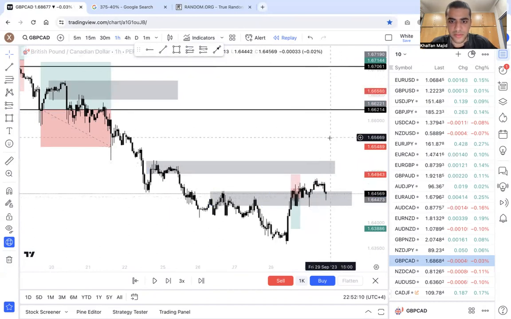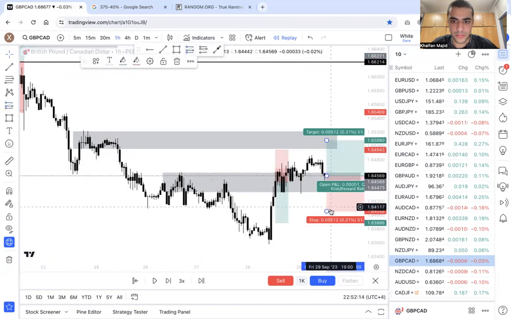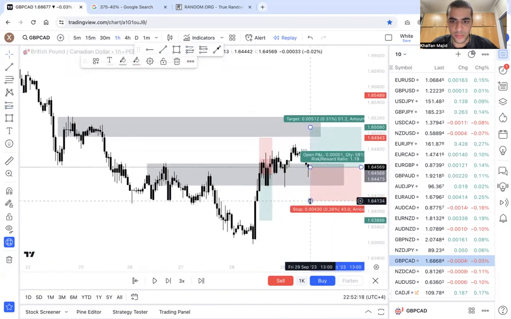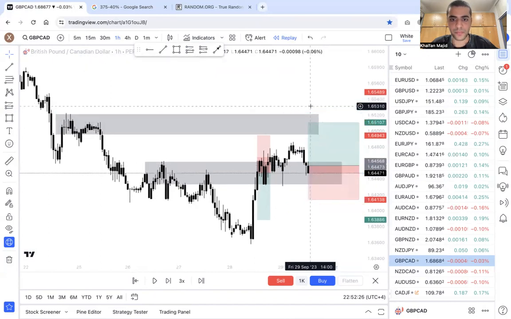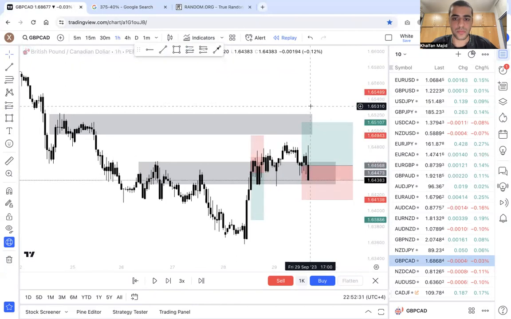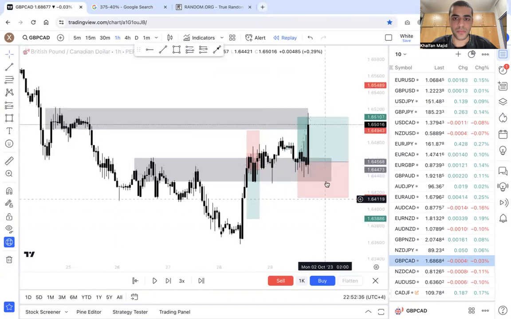Yeah, we can find a potential break and retest over here. That's just backtesting. So, boom.